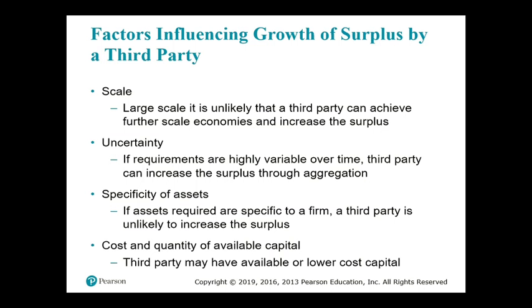And then it also, of course, depends on whether this third party has any cost advantages, either because their unit cost is lower or it's easier for them to acquire capital.